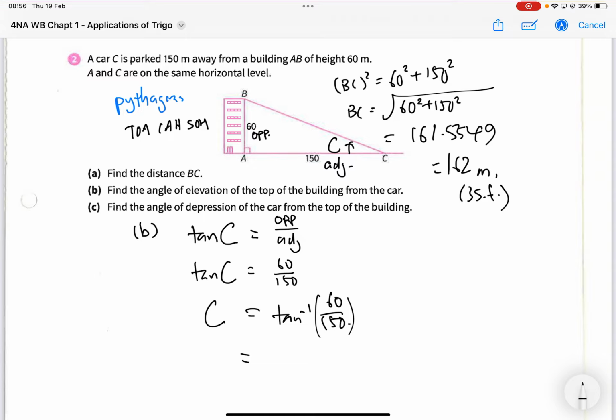Okay, if you press the calculator correctly, it will be 21.801.